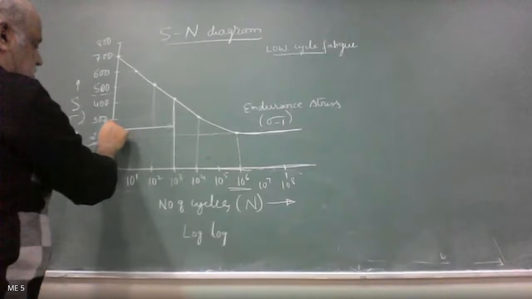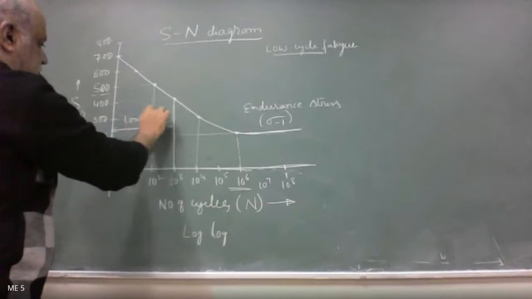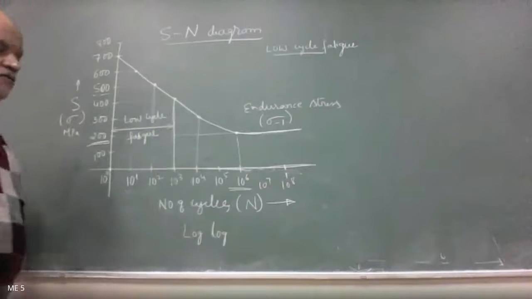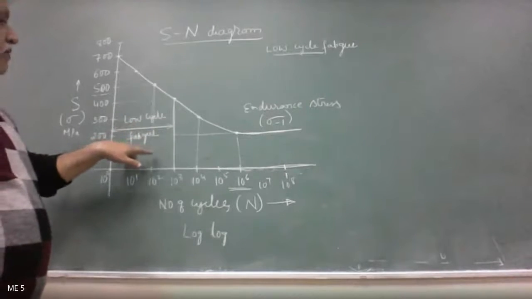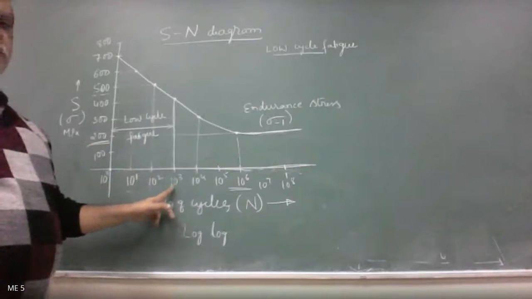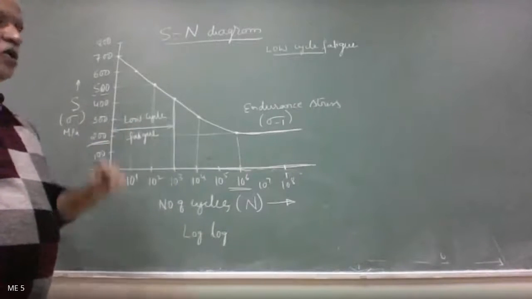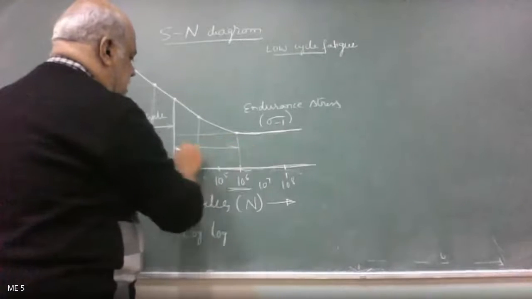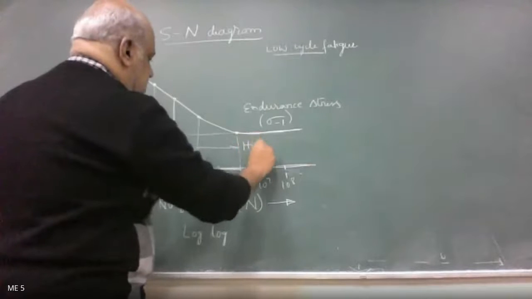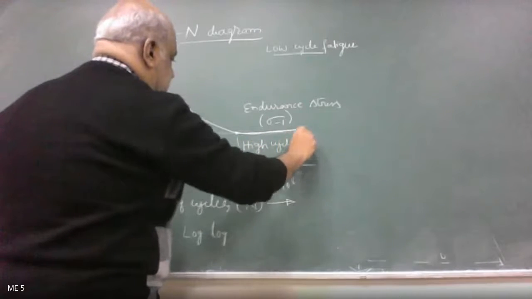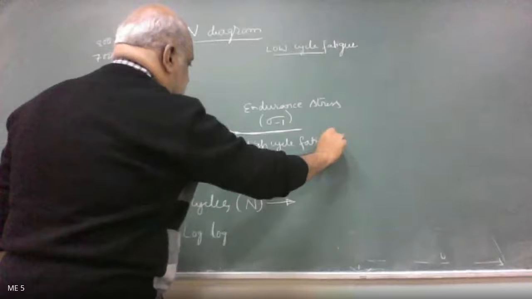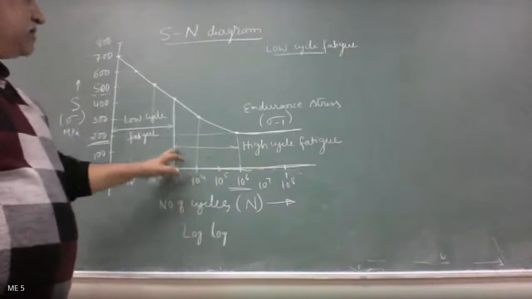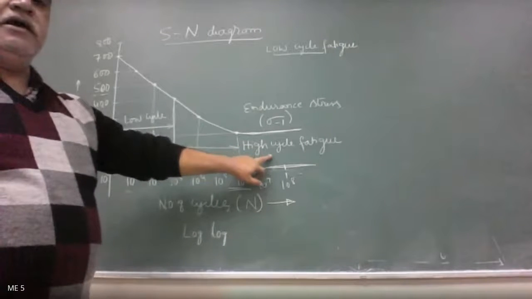So this is called low cycle fatigue. If it is greater than 10 power 3 number of cycles, then it is termed as high cycle fatigue.